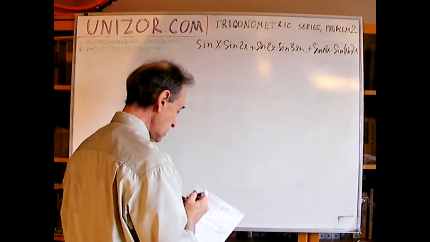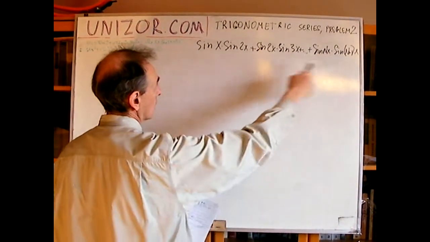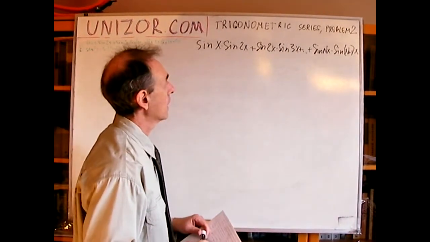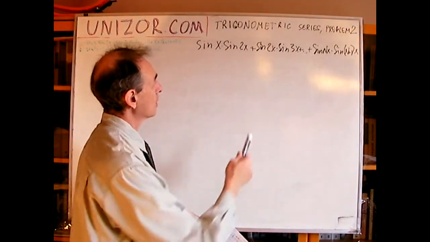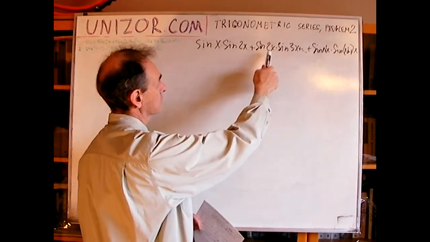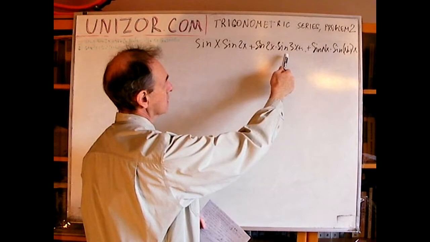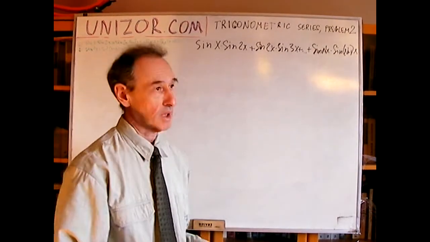So as we see, we have this particular series of n members, and each member is a sine of some number multiplied by x times sine of the next number multiplied by x.